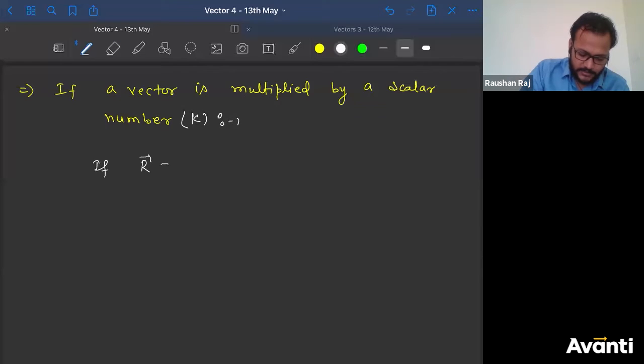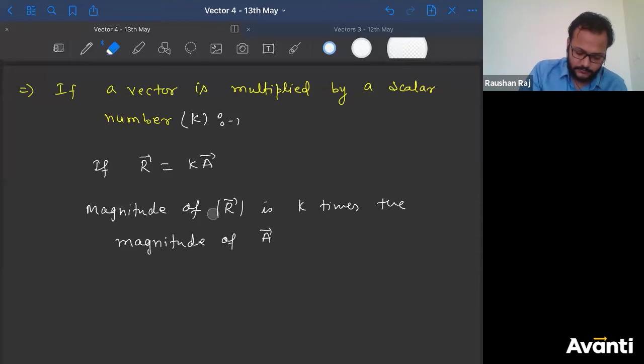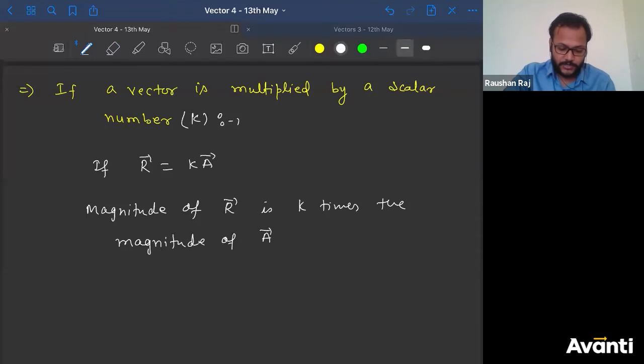If r vector is equal to k into a vector, मतलब I have multiplied k to the vector a. इसका मीनिंग है magnitude of vector r is k times the magnitude of vector a.